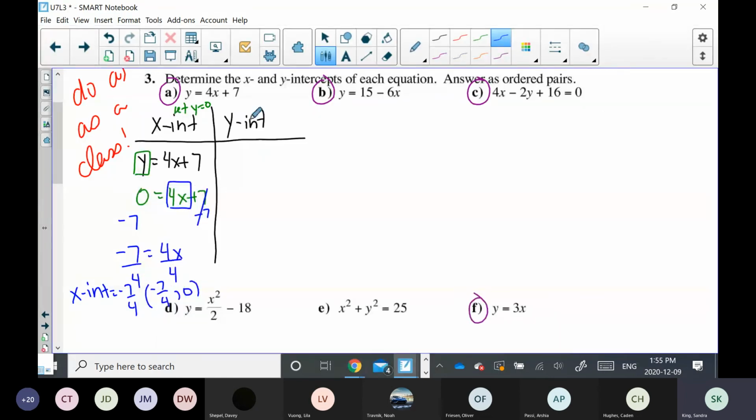Okay. For this side, when you're doing the y-intercept, remember you let the other letter equal 0. So let x equal 0. Write down your original equation, 4x plus 7. Take out your x and put in 0.